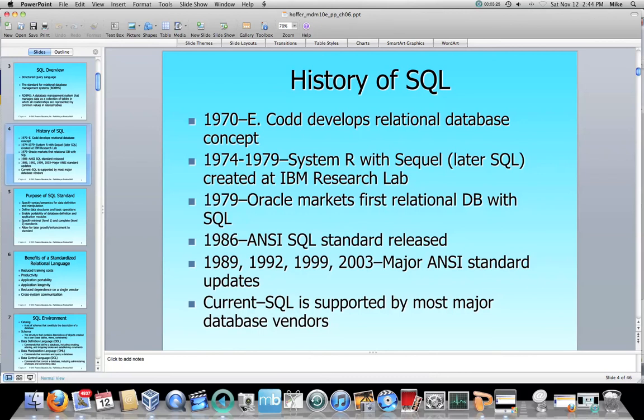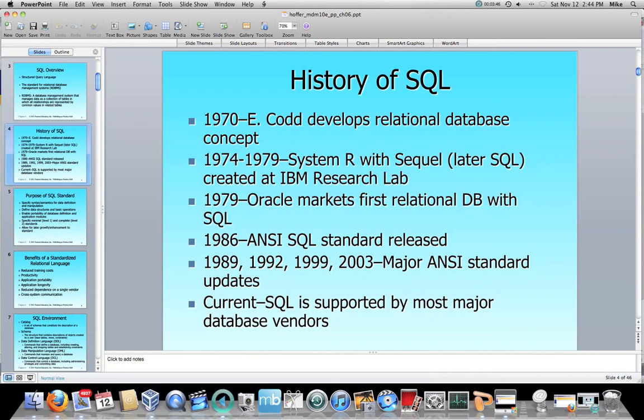So Oracle first markets a relational database management system with SQL. In 1986, ANSI, the American National Standards Institute, sets up a standard, which we'll talk about in just a second. So they set up a standard for what SQL is.